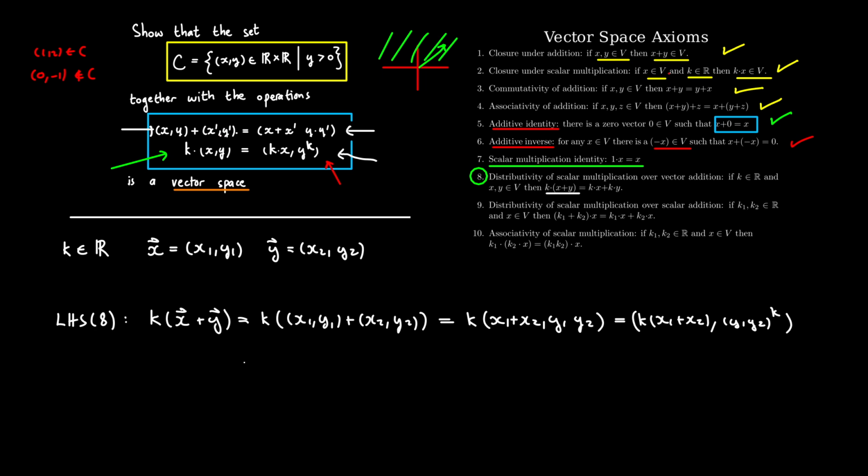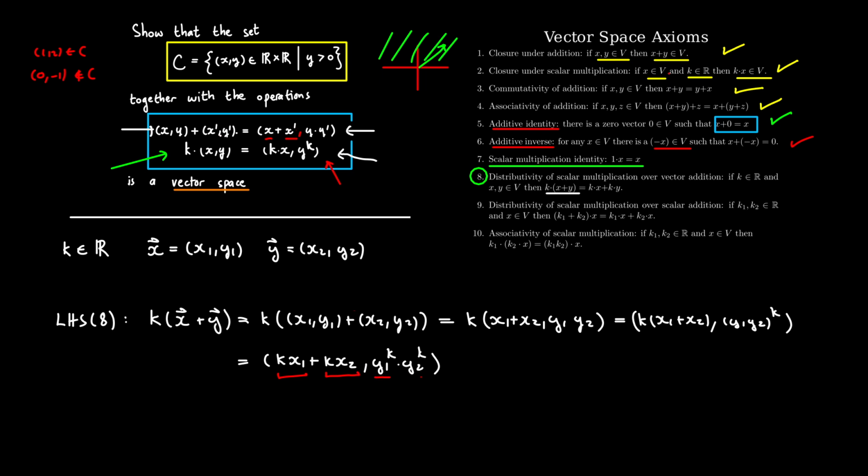Okay, good. So let's continue here. And you'll see that now I can use just the usual laws of addition, multiplication, and exponentiation. And I get k times x1 plus k times x2. And then here I get y1 to the power of k times y2 to the power of k. And now it's quite interesting because let's say that this was the first component x, and this was the second component, x prime.